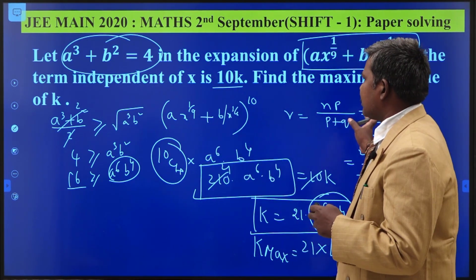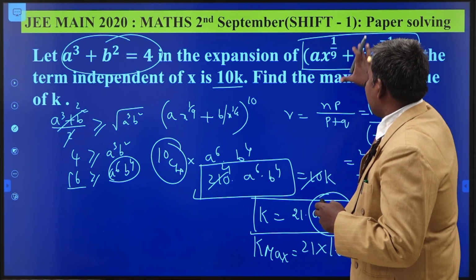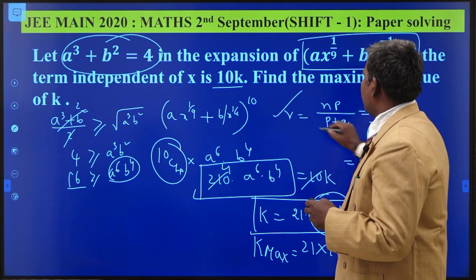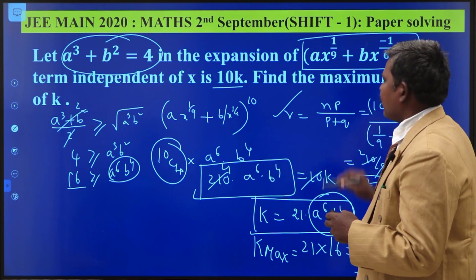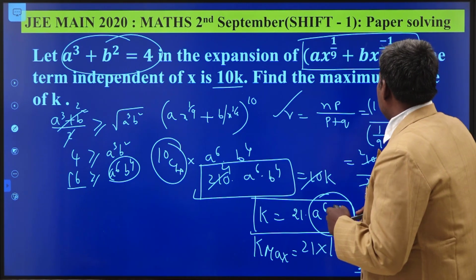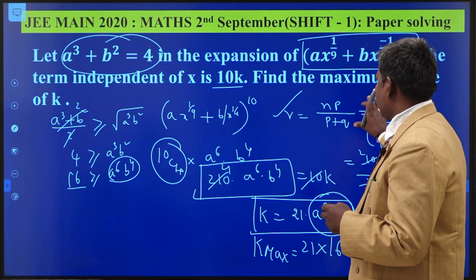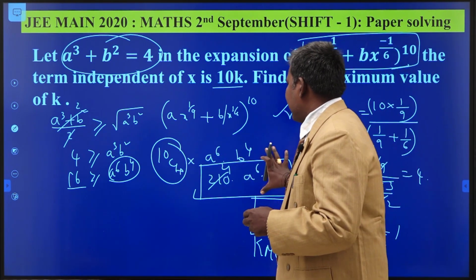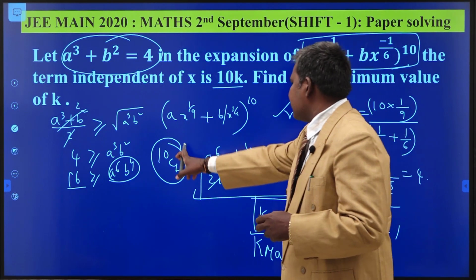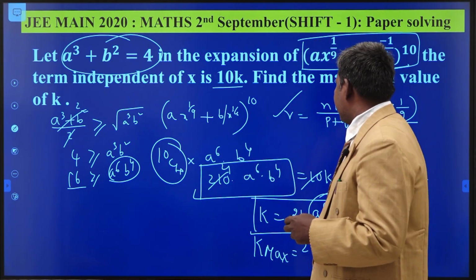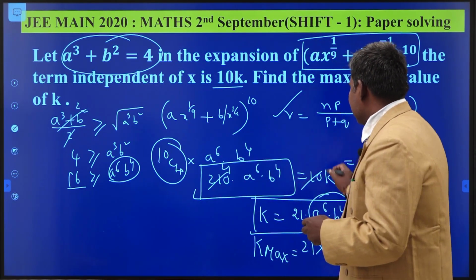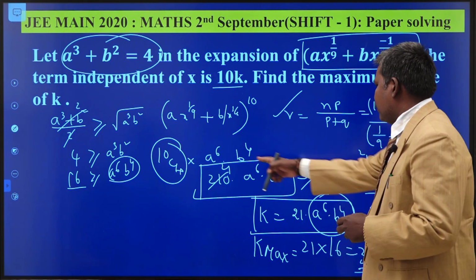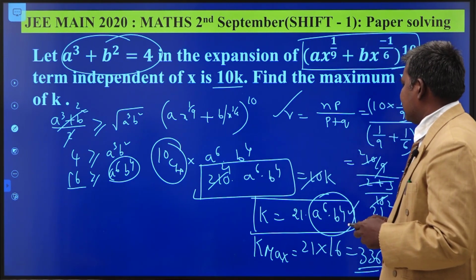Two concepts are involved here. You first have to write the term independent of x. To write it, you find the value of r by np by p plus q. After getting this value, you write the term independent of x, and 10c4 is nothing but 210. It is given to us as 10k, so cancel out the 10 and you get 21 times, and so the value of k in this manner.